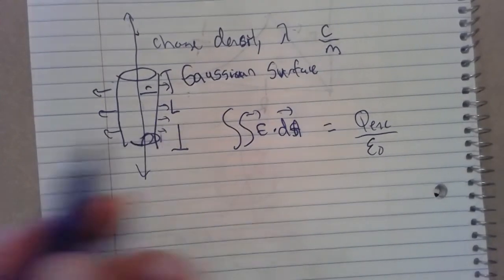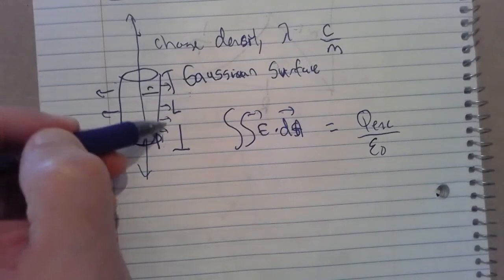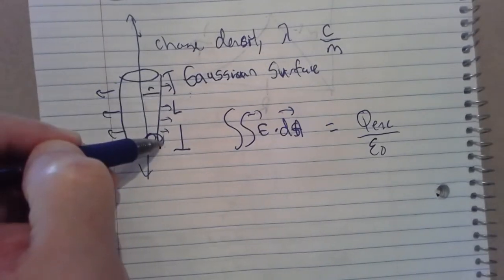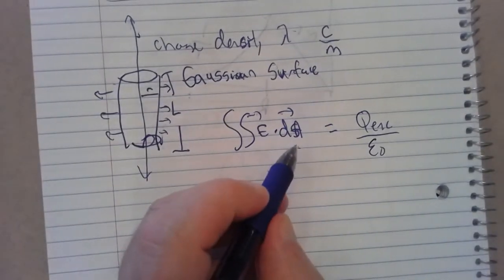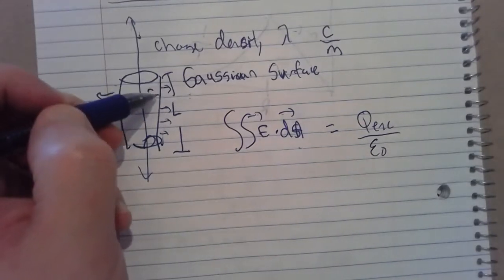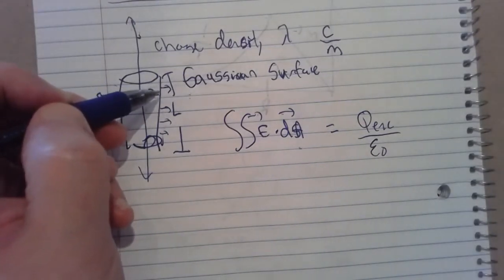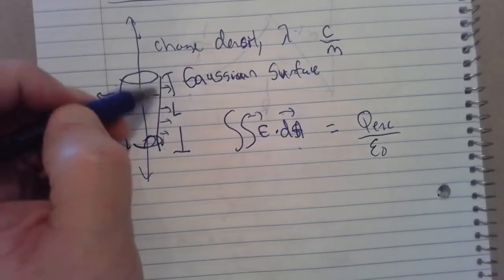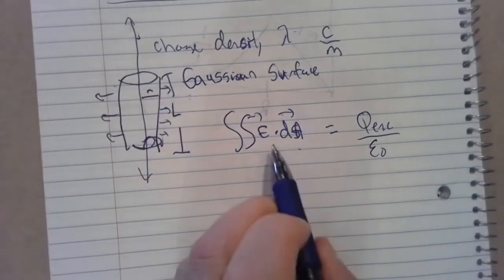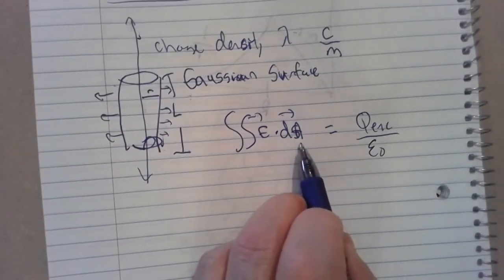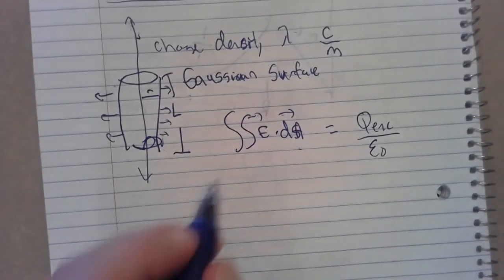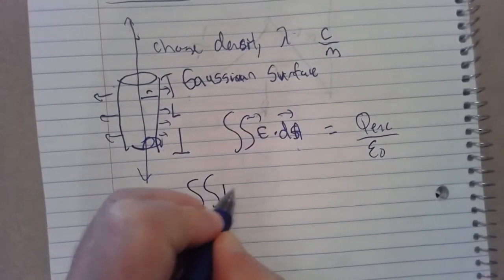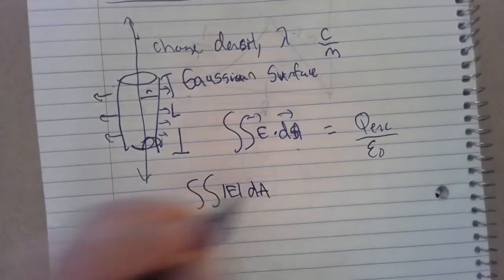In the integral of E dot dA, we've already said E points outward, and dA at every point on the cylinder is a vector that points normal to the cylinder. These two vectors point in the same direction, so the dot product is just the magnitude, E dA.